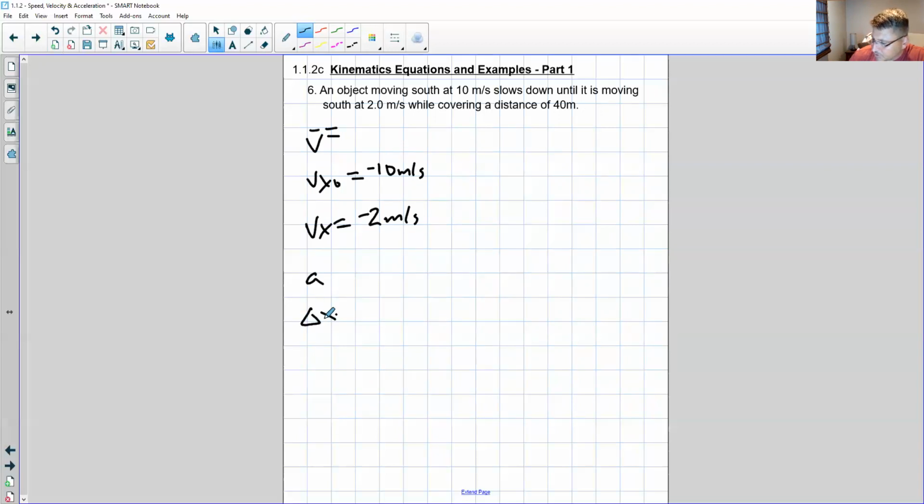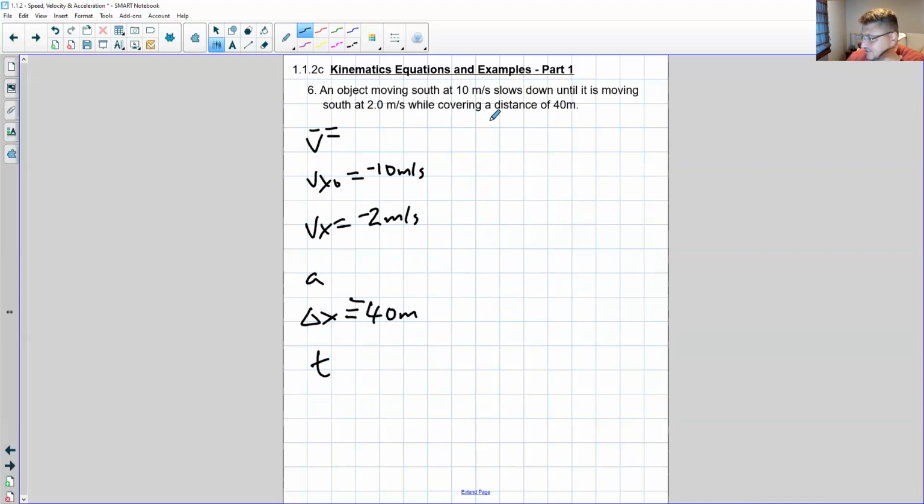Acceleration, change in position, and time. Now, change in position and distance are going to be the same thing here because I'm only going in one direction without a change in direction in between. I'm not stopping and then speeding up in another direction. So I can say that the change in position is not 40 meters, but negative 40 meters.